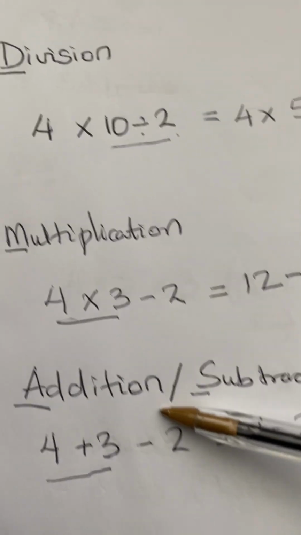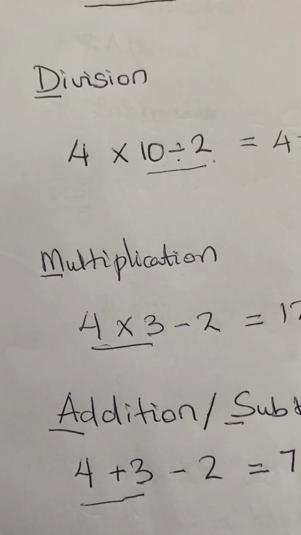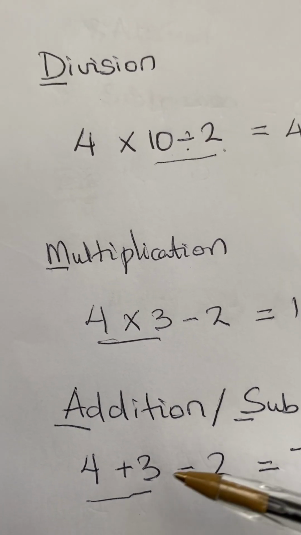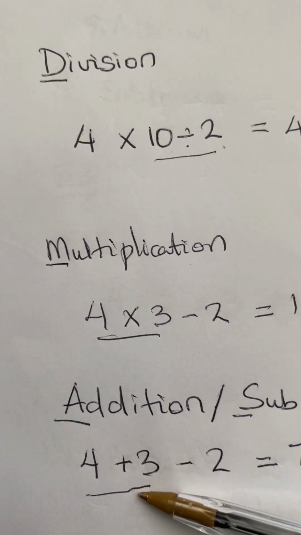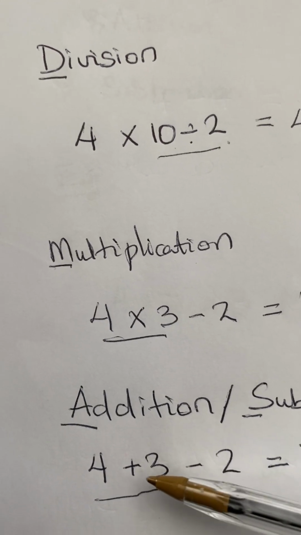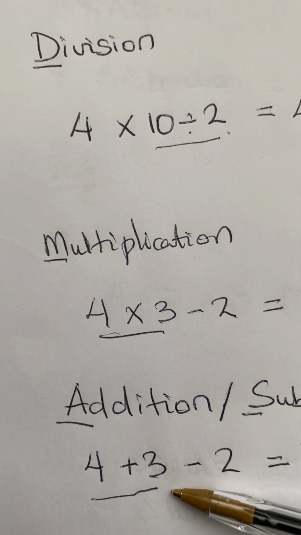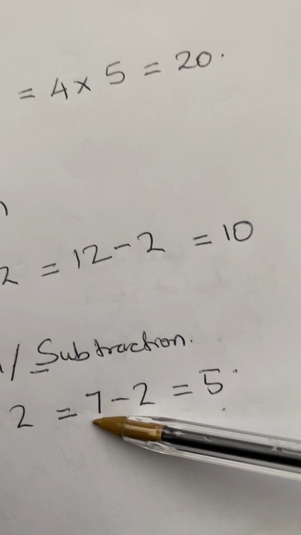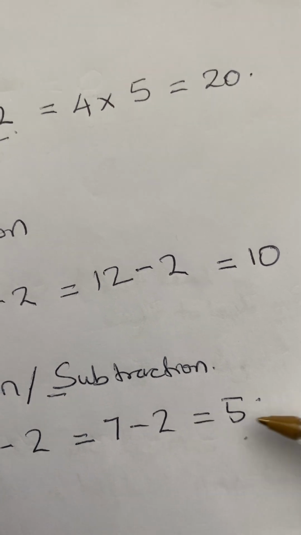Addition or subtraction. So we will do the addition part first. So 4 plus 3 is 7, and then minus 2 is 5.